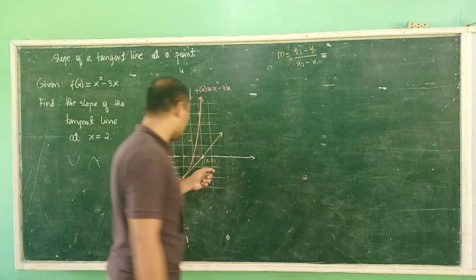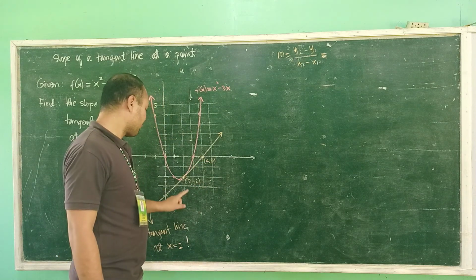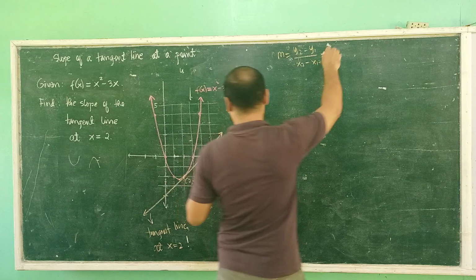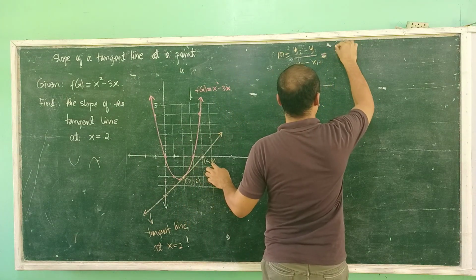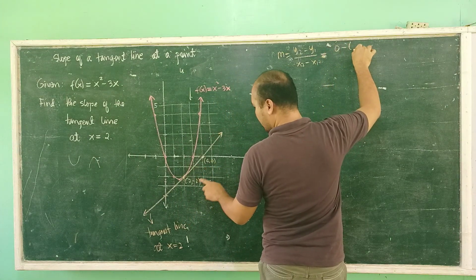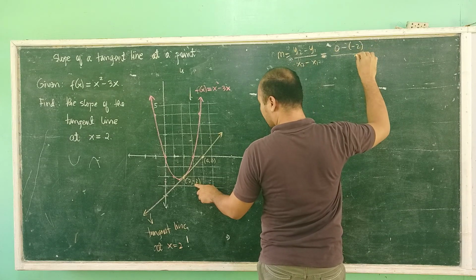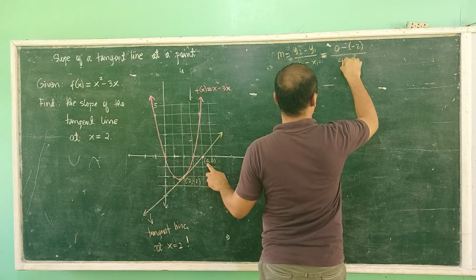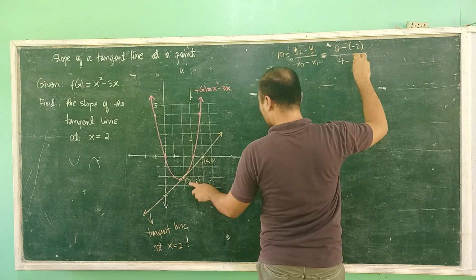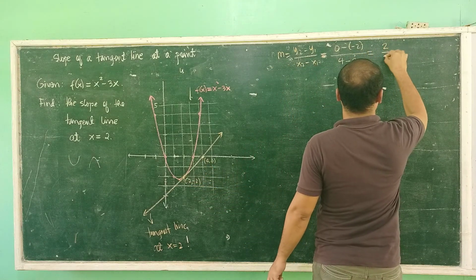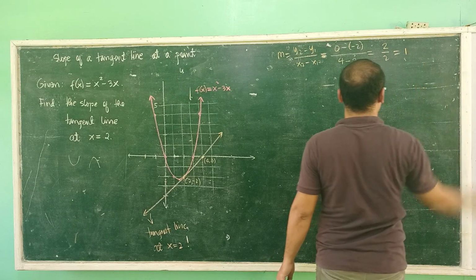We may take this one as x sub 2, y sub 2, and this as x sub 1, y sub 1. So y sub 2 equals 0 minus y sub 1, which is negative 2, all over x sub 2, which is 4, minus 2. So that's equal to 2 over 2, or just 1.